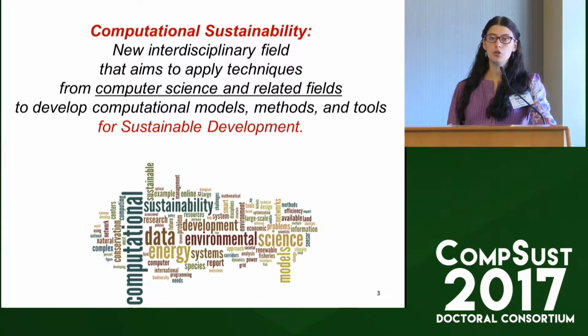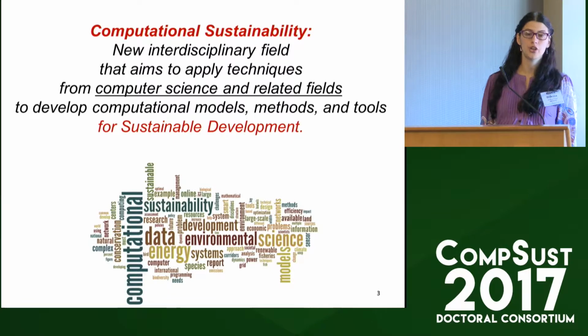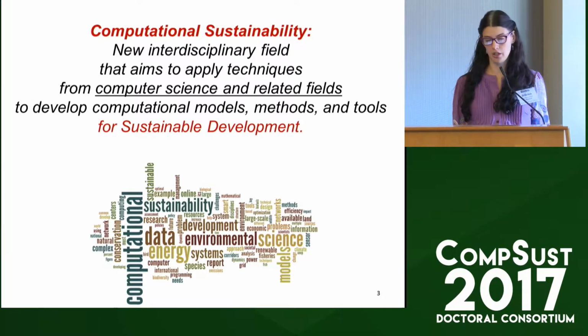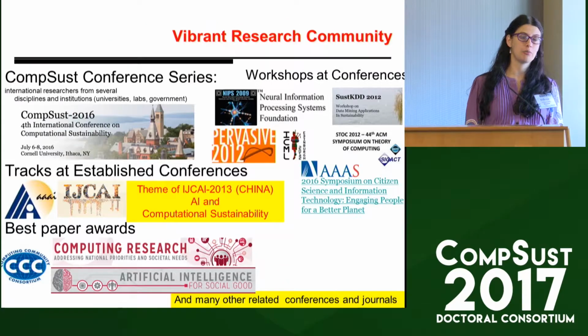So this new field was started in 2007 by Professor Carla Gomes at Cornell University with an NSF Expeditions in Computing grant, and since then has been growing and attracting more researchers and more interest across different domains. So we have a very vibrant research community.